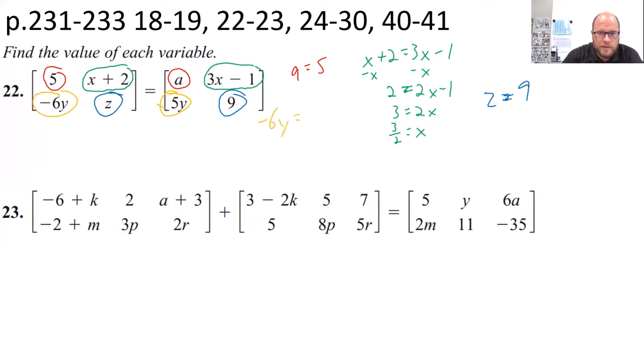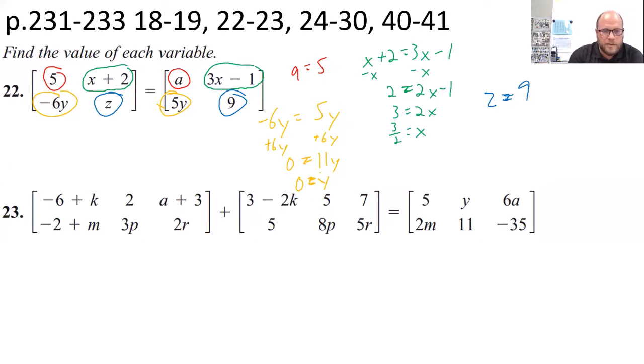Negative 6y equals 5y. Let's go ahead and get rid of the 6y. We're going to add 6y in order to get rid of that one. So that's going to give us 0 equals 11y. Divide by 11, 0 equals y. So those are 4 answers for number 22.